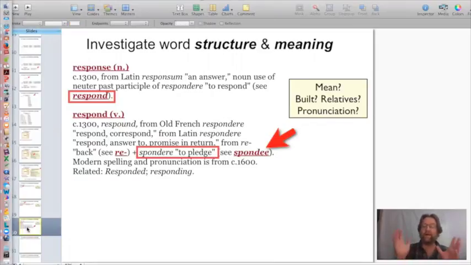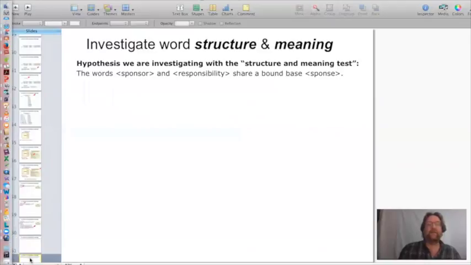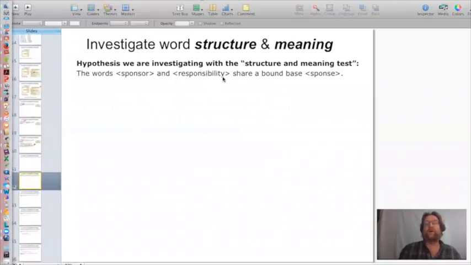We've got to remind ourselves of our question, but we found the root of responsibility, which is spondere, to pledge. So let's remind ourselves of what we're doing. The hypothesis we're investigating with the structured meaning test is this: the words sponsor and responsibly share a bound base SPONSE. I'm calling that a bound base because I don't know of a word SPONSE.